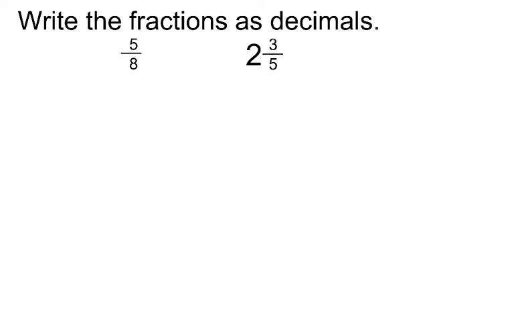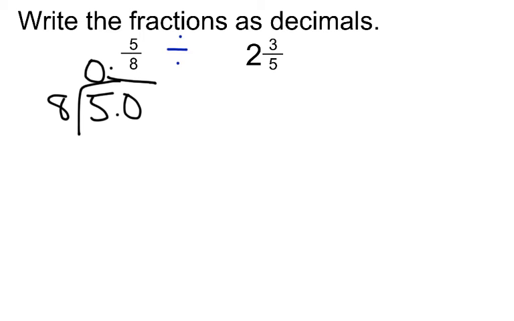A fraction kind of looks like a division sign, except instead of having the 2 dots on the top and the bottom, it has numbers. So 5/8 is just 5 divided by 8. So we can, of course, use our knowledge of dividing decimals.